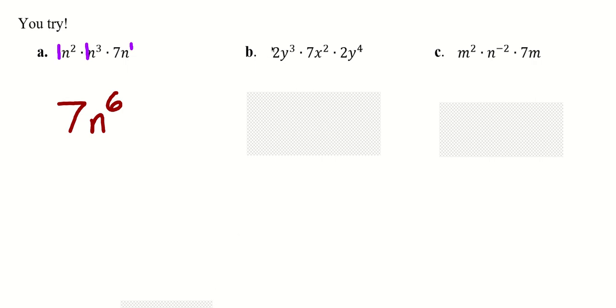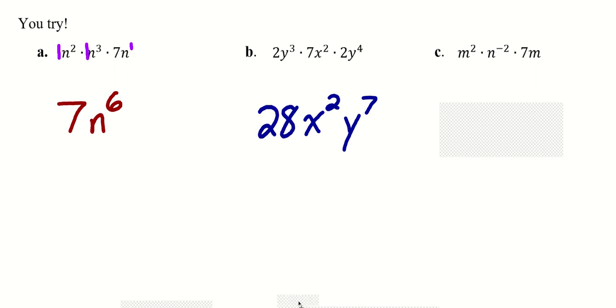Similarly, 2 times 7 times 2, those simplify together. Spoiler alert. But the 2 times the 7 times the 2, that just ends up being what, 28? Yes, it does. But then, okay, x to the second, nothing simplifies with it. But then you could have y to the fourth times y to the third.